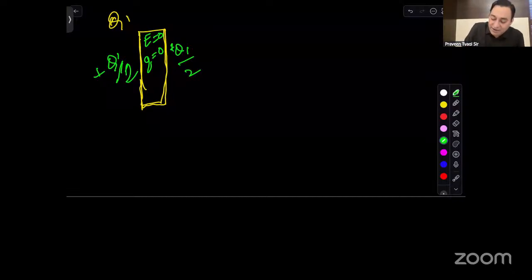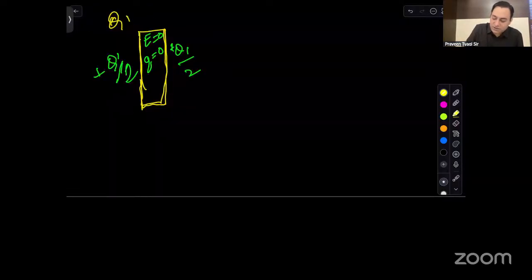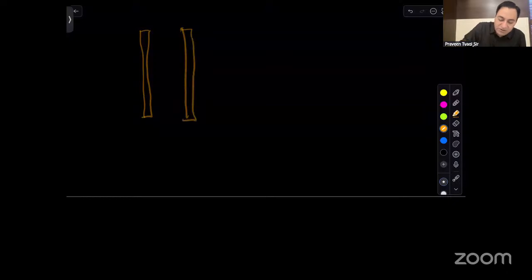Now, instead of this, I have two thin conducting sheets which are placed close to each other. I have one sheet, which is this, and another sheet, which is this, and I have given Q1 charge to this and Q2 charge to this.